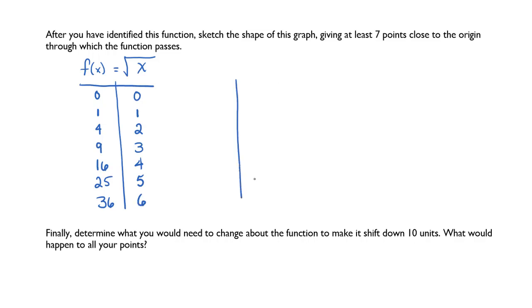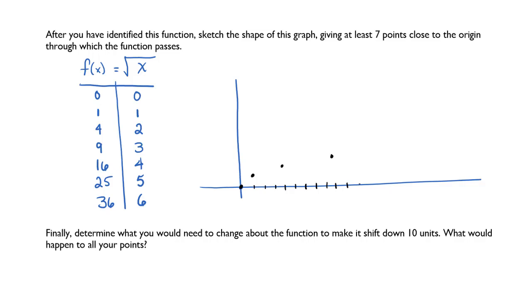If I sketch this, at 0, I'm at 0. At 1, I'm at 1. At 2, 3, 4, I'm at 2. At 5, 6, 7, 8, 9, I'm at 3.